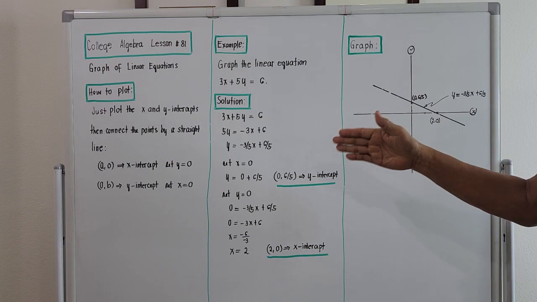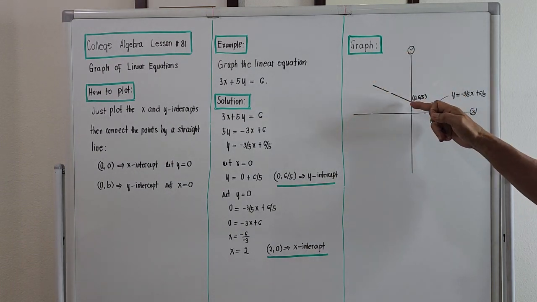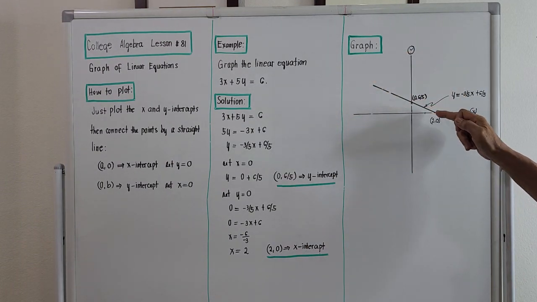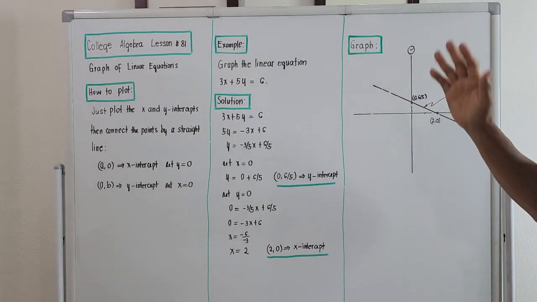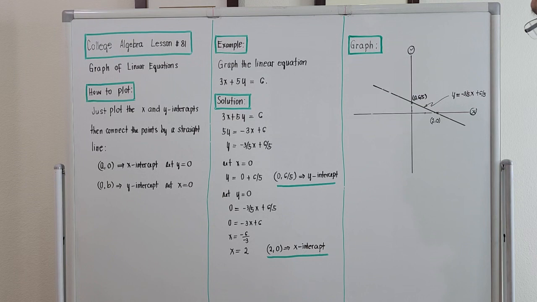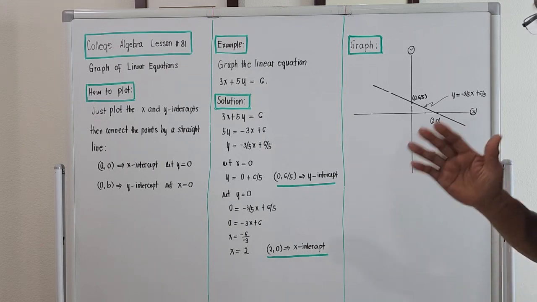So the requirement for the graph is just the y-intercept, the x-intercept, then connect the 2 points, and that will be the graph of the straight line. So after studying college algebra, whether we are dreaming or maybe drunk, at least we know what the graph of a linear equation is.